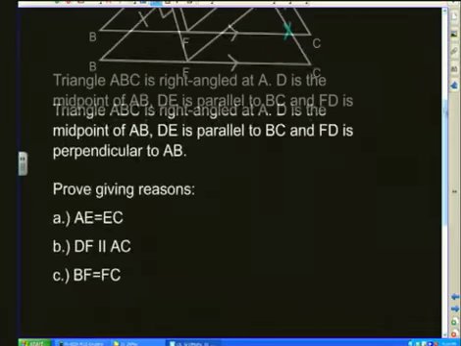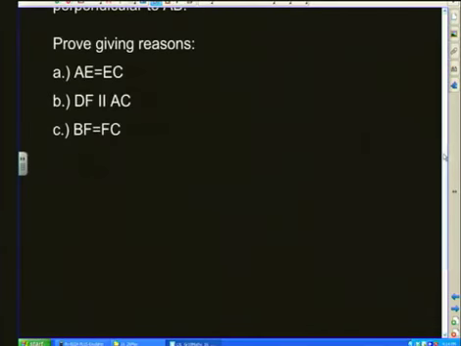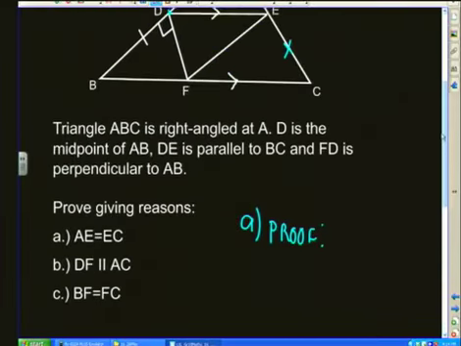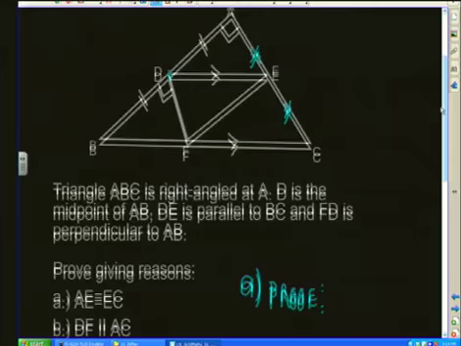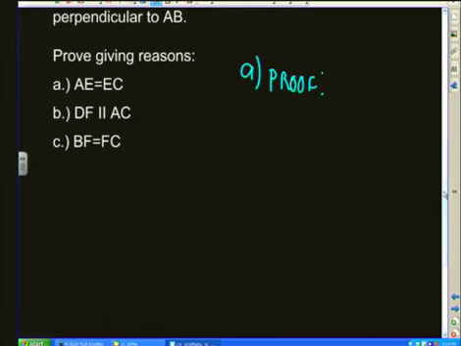So let's write down the proof for part A. From the given information, we know that AD is equal to DB. As I said, every statement needs to have a reason. This is a very straightforward reason that was given to us: AD is equal to DB, that was given.